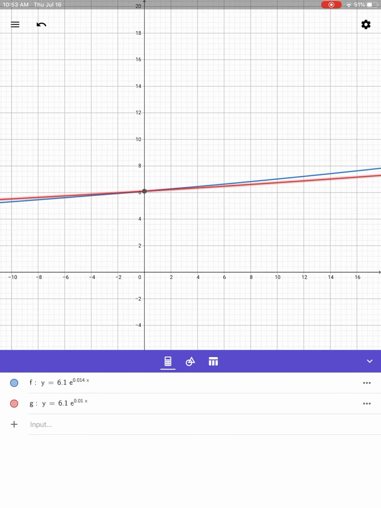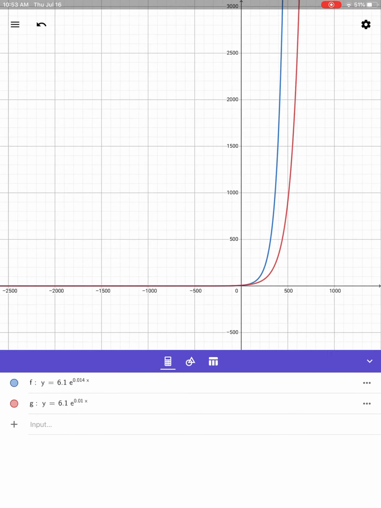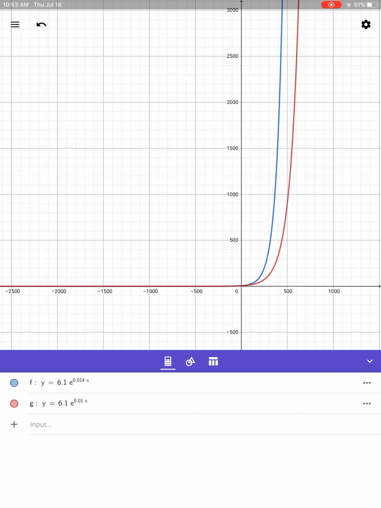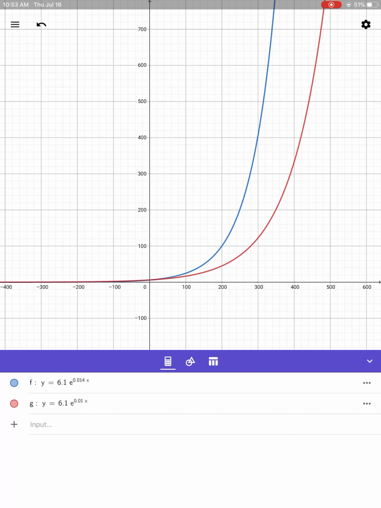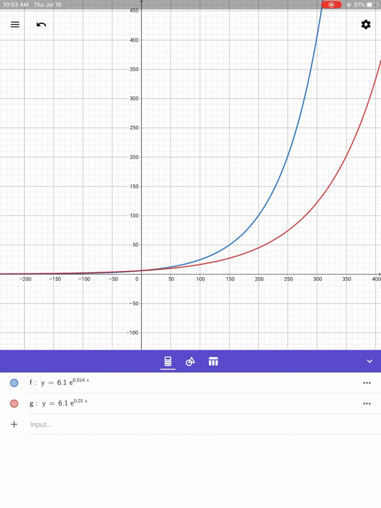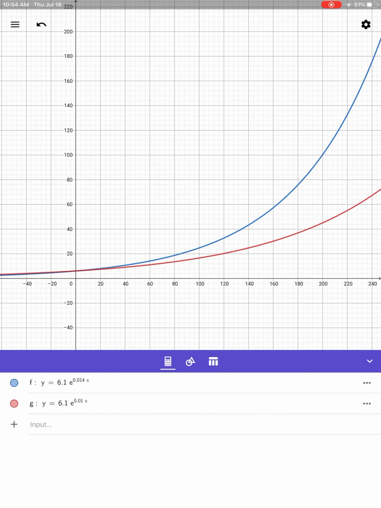The red graph is the... okay. So if you see the population for 0 to 100, the rectangle 0 to 100 will show you how the population is changing. The blue line is for 1.4%, and the red line is for 1%.